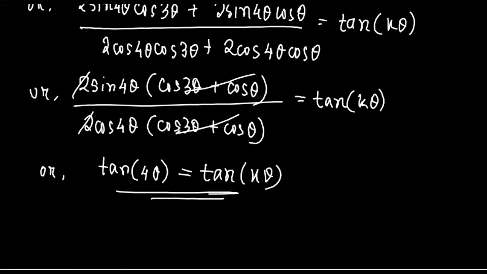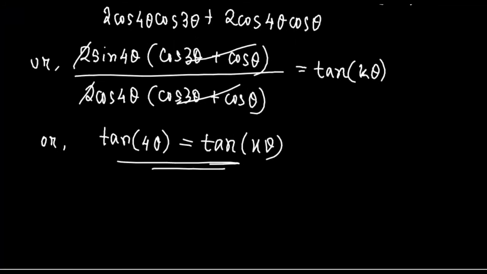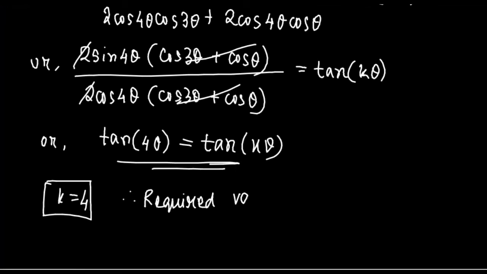You can understand that on the LHS it is tan 4θ and on the right hand side it is tan kθ. So by comparing the LHS and RHS, we can say that k is equal to 4. The value of k is 4. Therefore, the required value of k is 4.